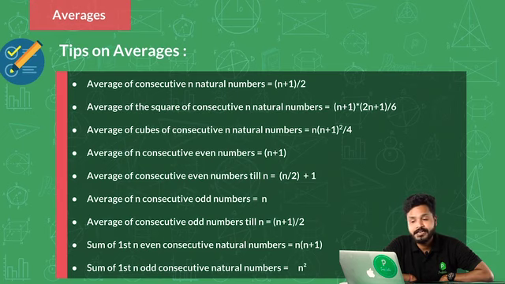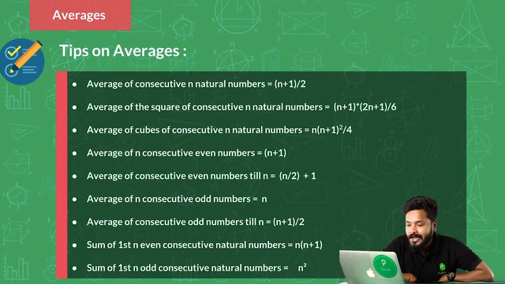So the sum of the first n natural numbers, n into n plus 1 by 2, divided by n will be the average. That is n plus 1 by 2. Similarly, I hope all of you remember the sum of squares of the first n natural numbers and cubes of the first n natural numbers, right? You just have to divide it by n to get the average.